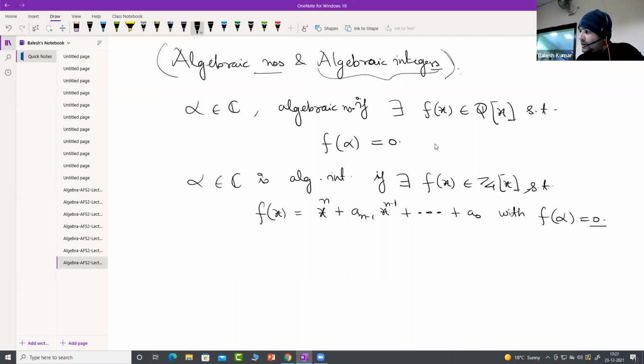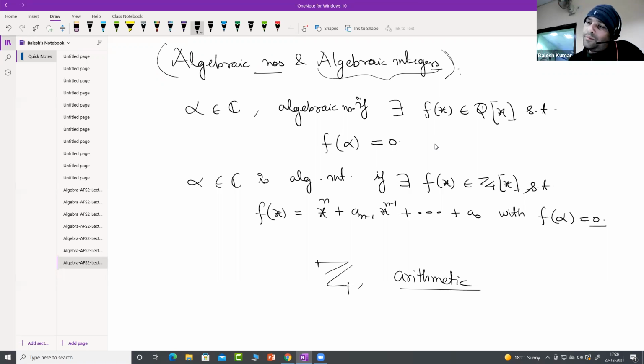For example, the notions of Euclidean domain, principal ideal domain, or unique factorization domain, whatever we have discussed, and in order to discuss those things, our role model was that these properties are already valid inside the ring of integers Z. Then by looking at the arithmetic inside the ring of integers, we would like to generalize these properties for general integral domains.